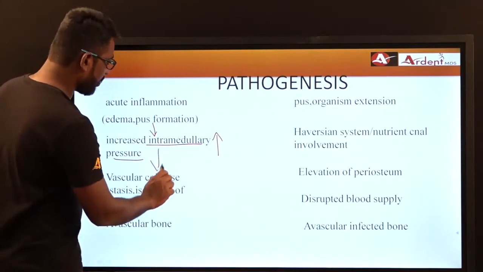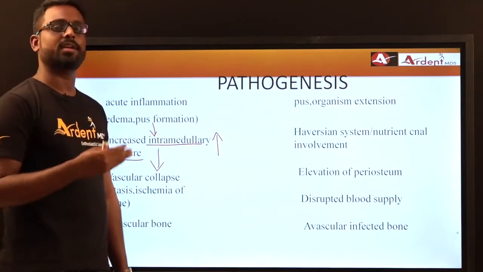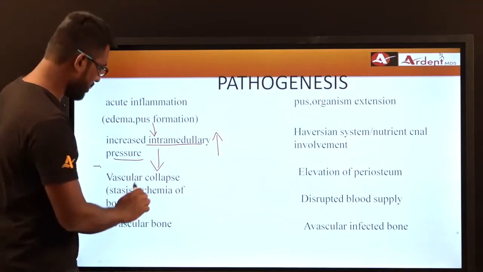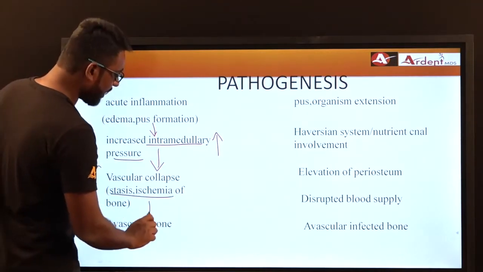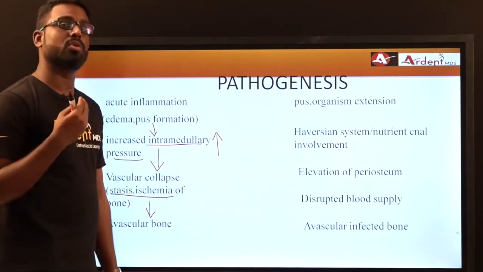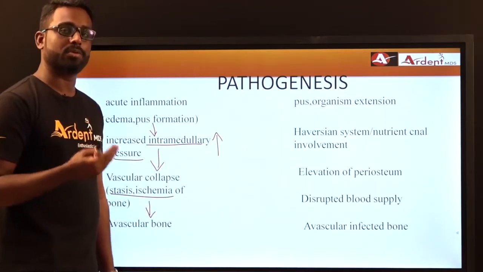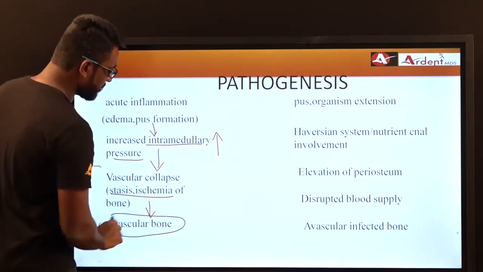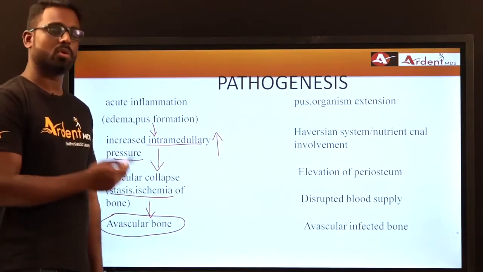There is vascular collapse. Due to the increase in the intramedullary pressure, the blood supply in that particular area is affected, so it leads to ischemia. Due to the abruption of the blood supply to that area, it goes for avascularity. The bone becomes avascular, and then it leads to osteomyelitis.